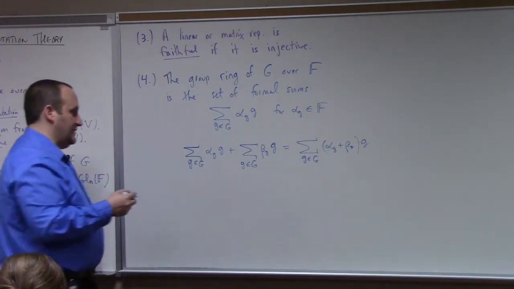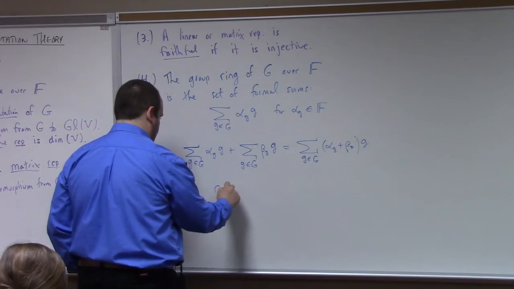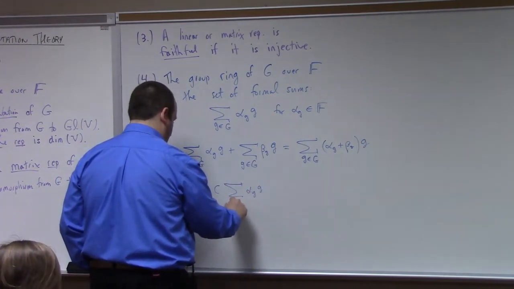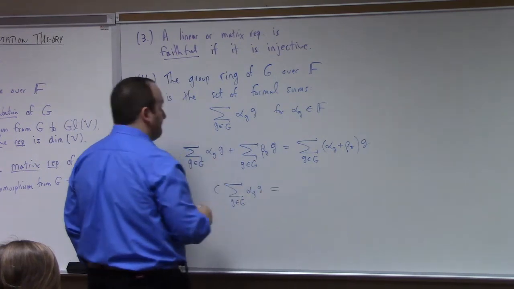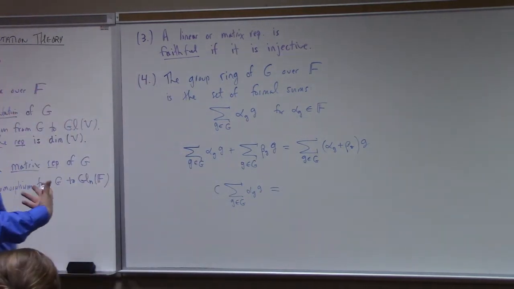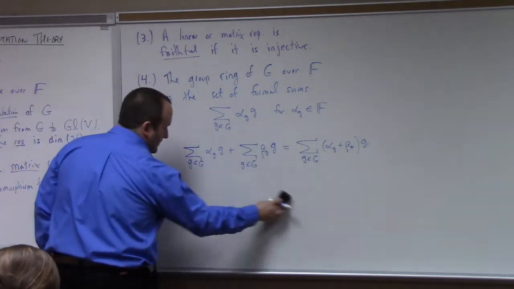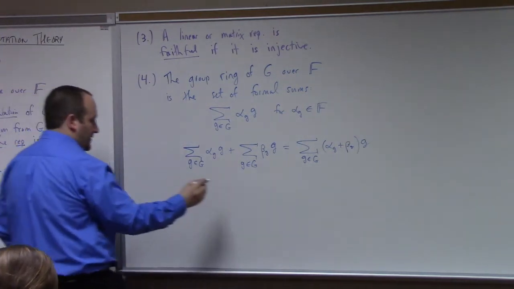Scalar multiplication, how would you do that? Actually, I guess I mean it's a group ring, right? So just multiplication. How would you multiply them then?